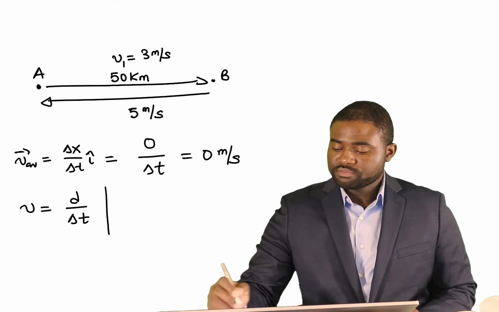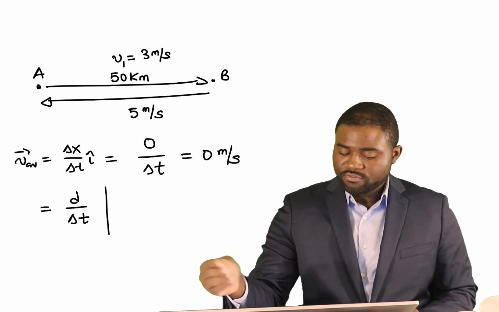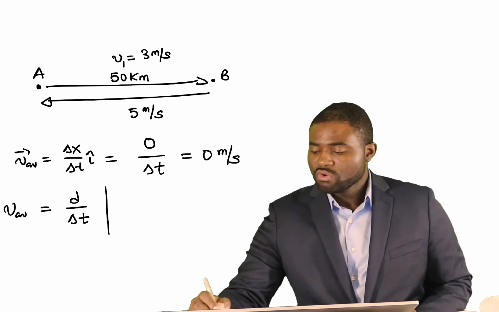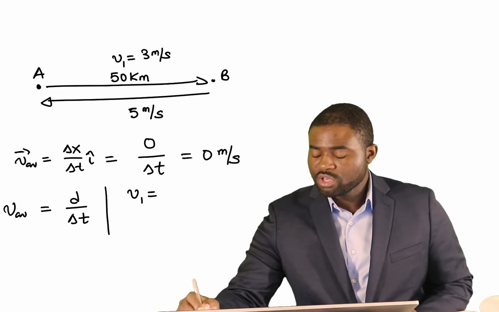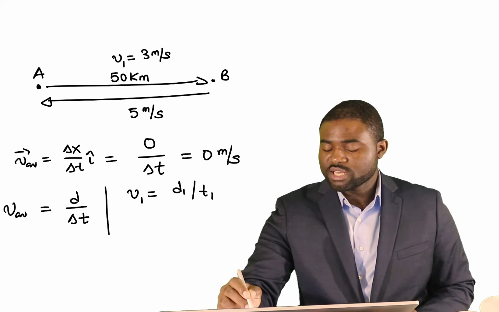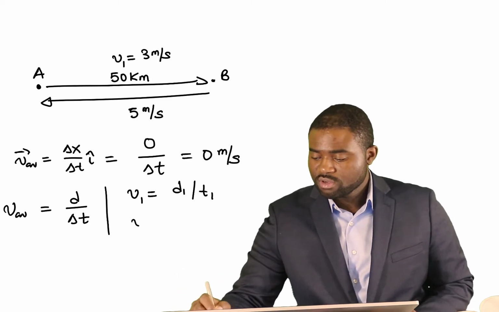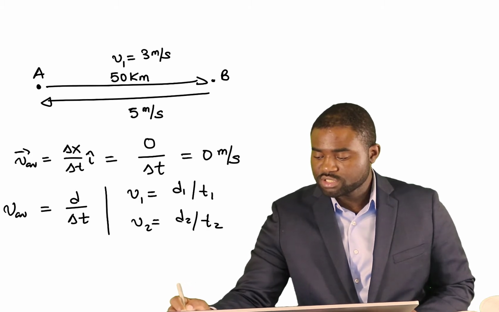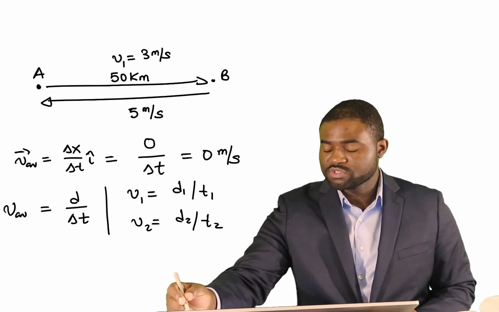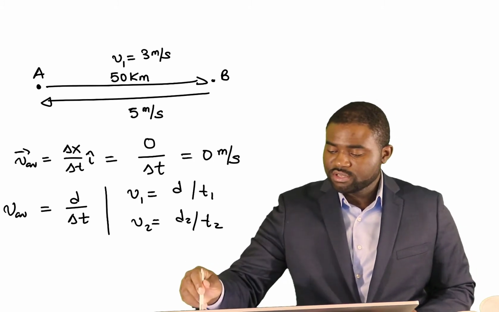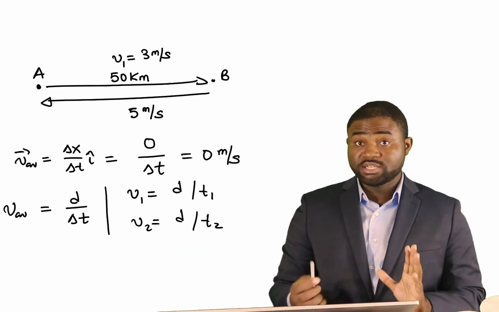Now, V1 will be equal to D1 divided by T1, where D1 is the distance from A to B, and V2 will be equal to D2 divided by T2, and D2 is the distance from B to A. So this is just D, and this is just D because they are the same.